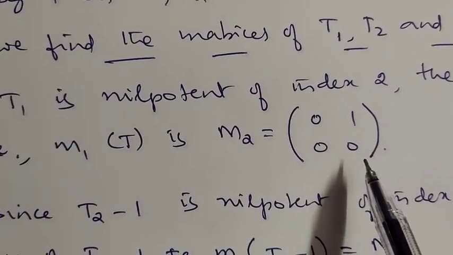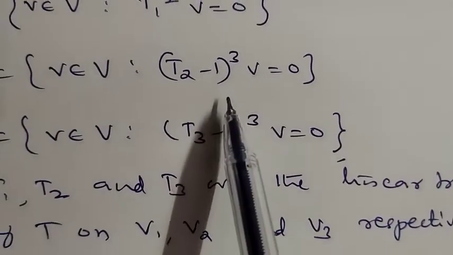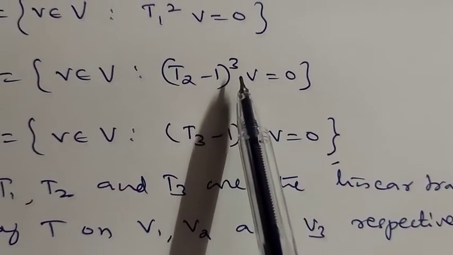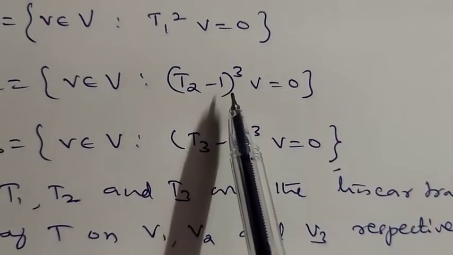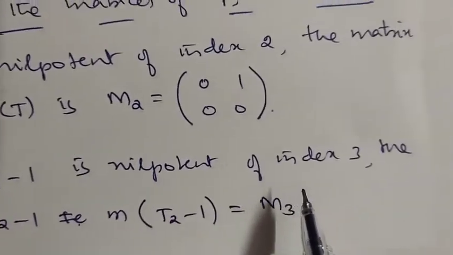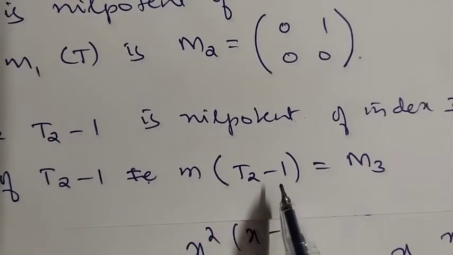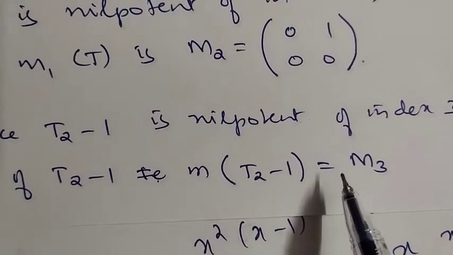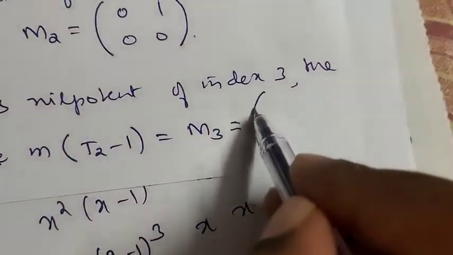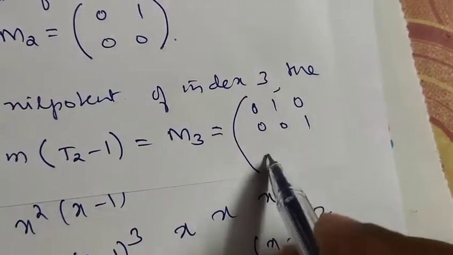Next, T2 minus 1 is a nilpotent transformation of index 3, so the matrix of T2 minus 1 is M3, which is 0, 1, 0, 0, 0, 1, 0, 0, 0.